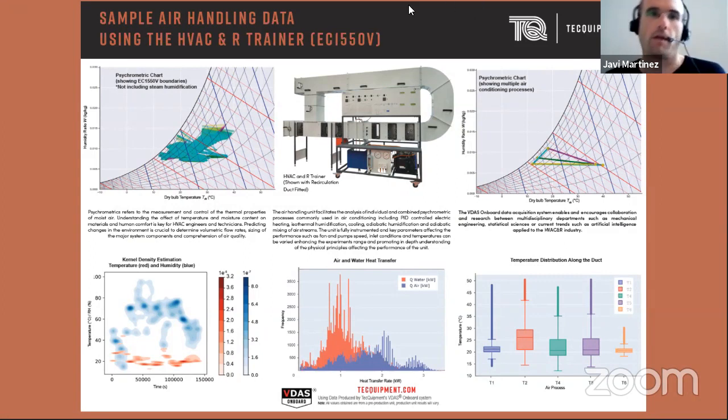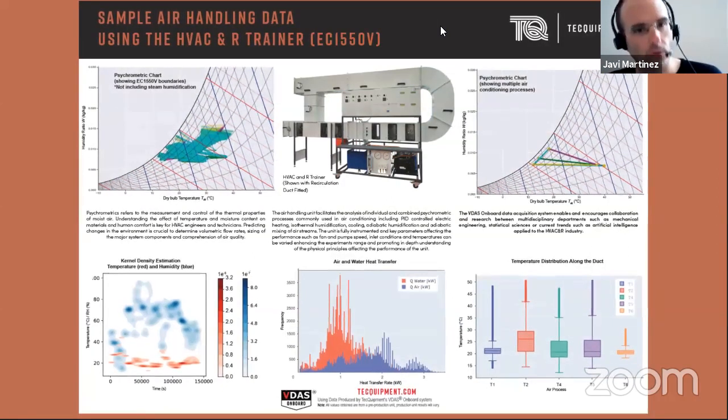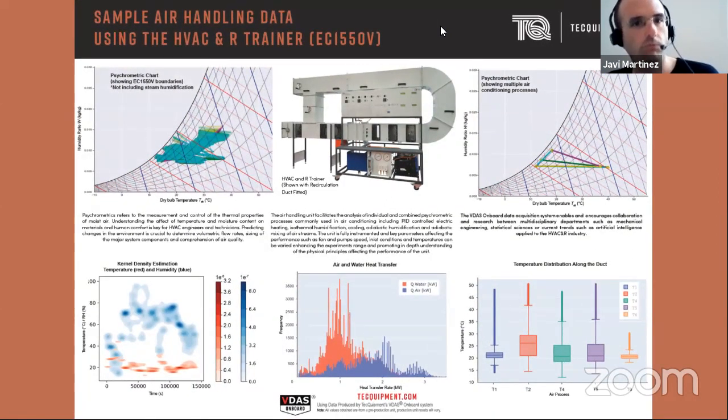So that is showing part of the machine boundaries for that particular experiment that involved multiple psychrometric processes. So wow, that's 7 million.